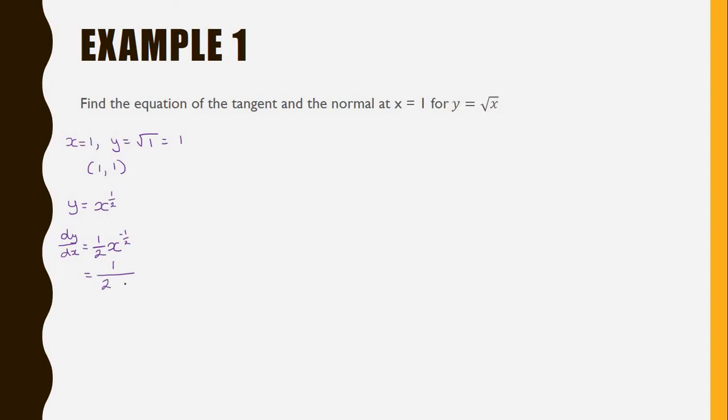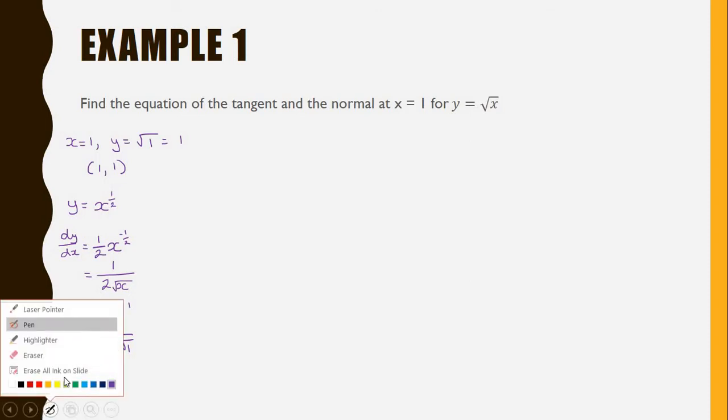We can move it to the denominator to make the power positive, and the power of a half can also be written as the square root of x. But I want to know the value of the gradient when x equals 1, so if I now sub in x equals 1, we will get that the gradient is going to be equal to 1 over 2 square root of 1, which is just a half.